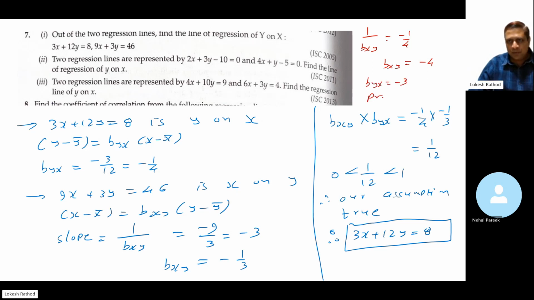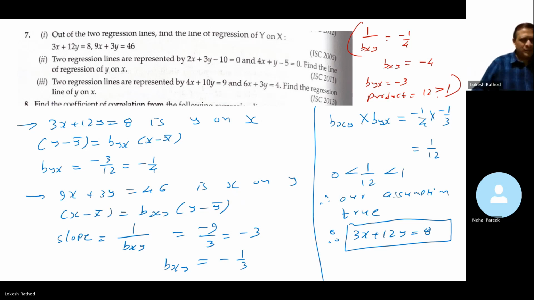In that case, the product becomes 12, which is more than 1. So we can say our assumption is wrong, meaning the other way around, and we get the answer the same way.